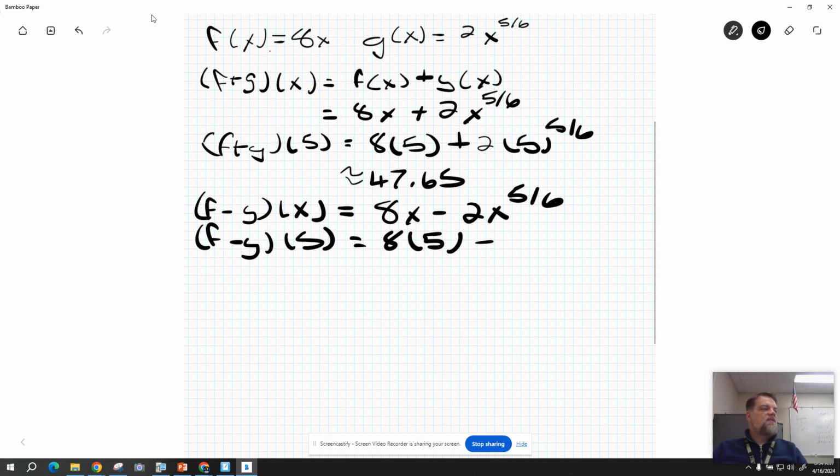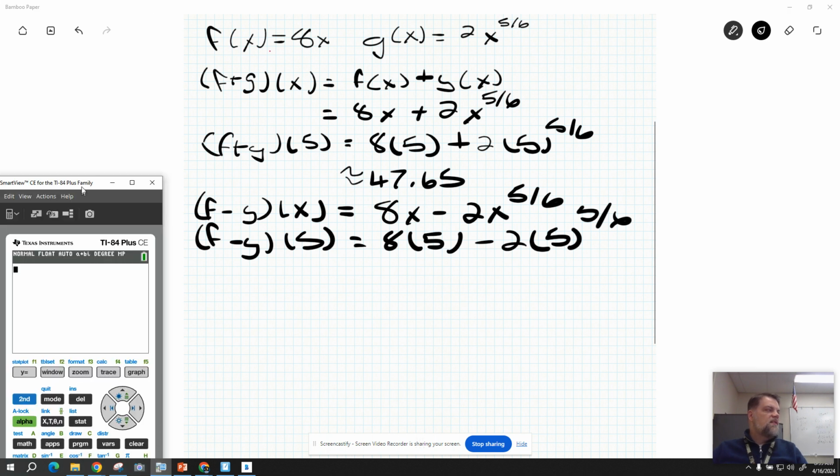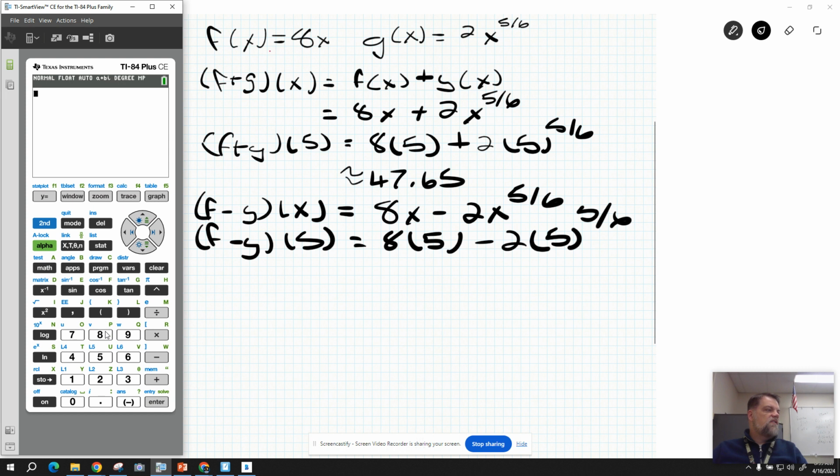So wherever there's an x, I'm going to plug in the 5. So this one we're going to plug into the calculator. So I'm just going to say, hopefully this doesn't shut her down, 8 in parentheses 5 minus 2 in parentheses 5 close parentheses raised to the 5 divided by 6.